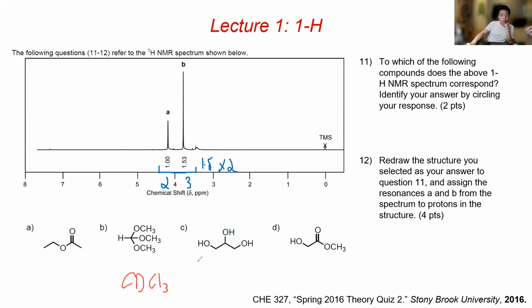Yeah, it was CDCl3. The deuterium here can exchange with exchangeable protons, like the hydrogen bonds here. Those hydrogens are exchangeable with the solvents. So any hydrogen that is exchangeable will not show up on the spectrum.